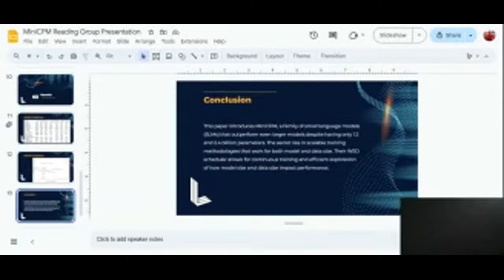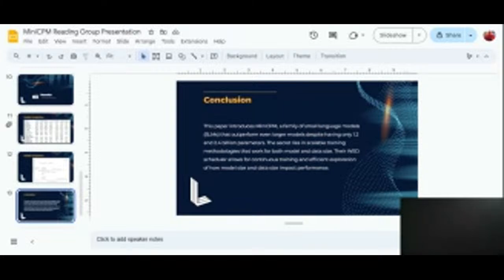Okay. So to conclude, this paper introduces MiniCPM, which comprises two small language models, a 2.4 billion parameter model and a 1.2 billion parameter model. Both have non-embedded parameters.